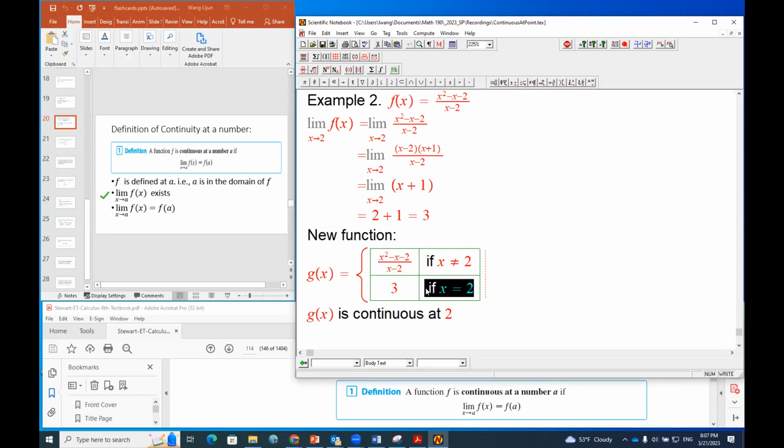Now we have removed that discontinuity. So this kind of situation is called removable discontinuity.